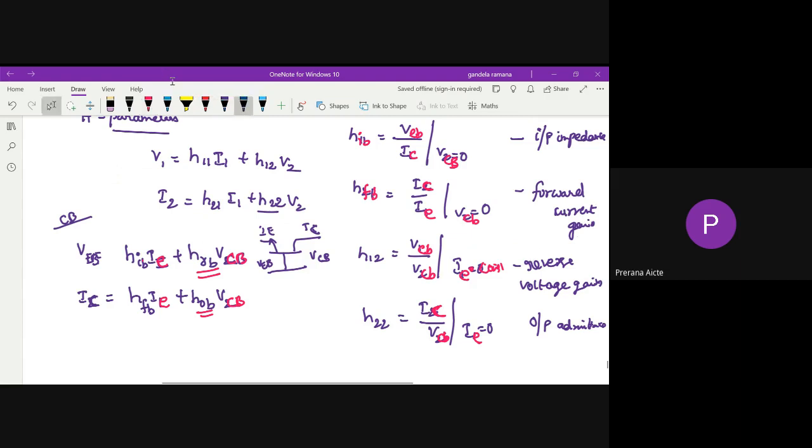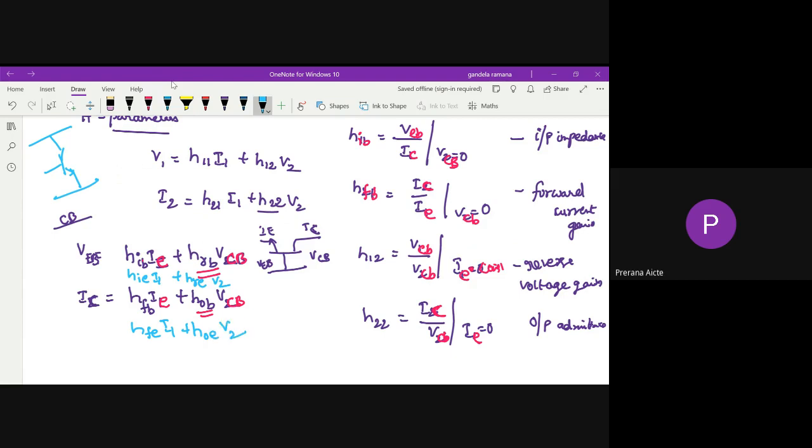Suppose it is in common emitter configuration. How can you write it? HIE. You have to draw the diagram according to that. You have to write HIE I1 plus HRE V2, and HFE I1 plus HOE V2.